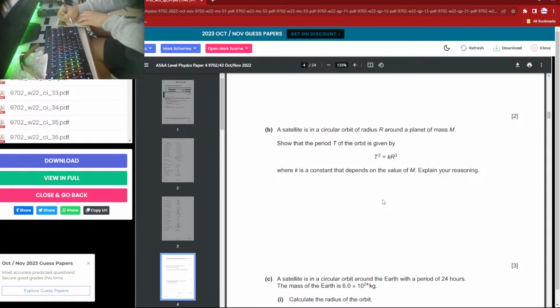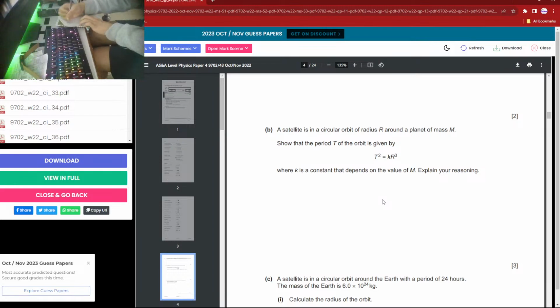Angular velocity squared r. So we have GMm over r squared equals m angular velocity squared r. From here you can cross out the m, so you just have the gravitational field strength equal to centripetal acceleration. Then you move the r squared over, you get GM equals angular velocity squared r cubed. See, it's now looking more and more like that equation.